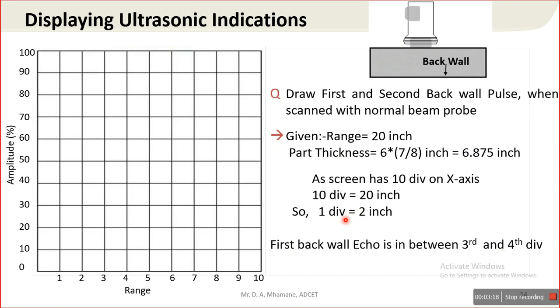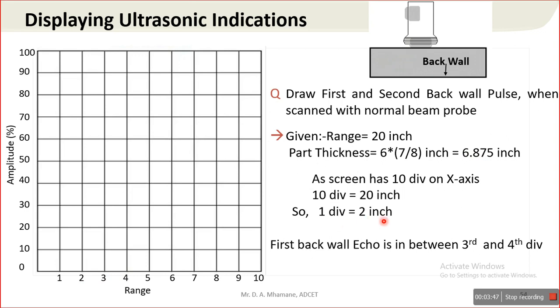Because a single division has value 2 inch. So this is 2 inch, 4 inch, 6 inch, and 8 inch. We have part thickness equal to 6.875 inch. So first back wall comes in between third and fourth division as far as this calculation is concerned.